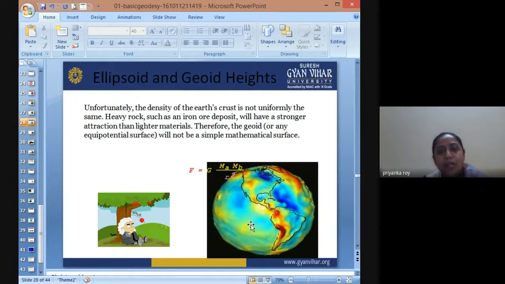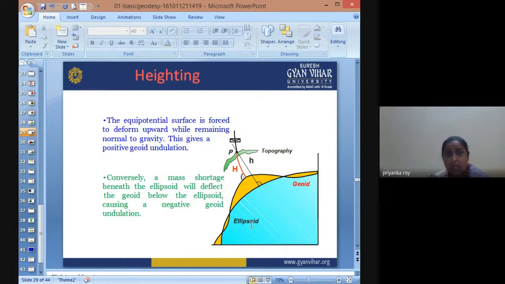Now, the ellipsoid and geoid. Unfortunately, the density of the earth's crust is not uniform, and there are many heavy rocks, like iron ore deposits, which have a stronger attraction than the lighter materials. Therefore, the geoid, which is a gravitational field, will not be simply projected as a mathematical surface.